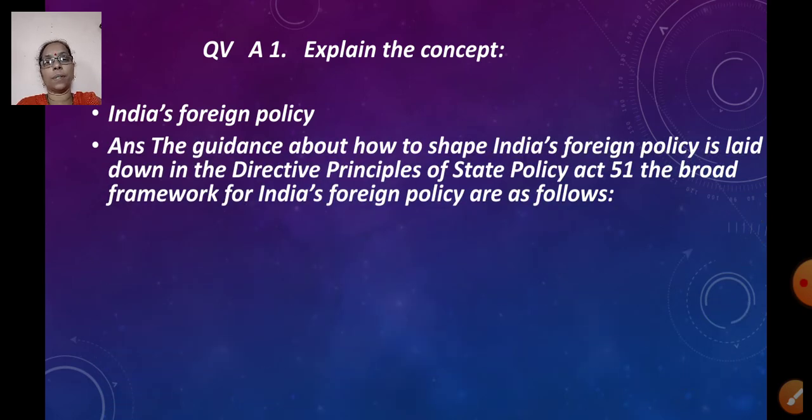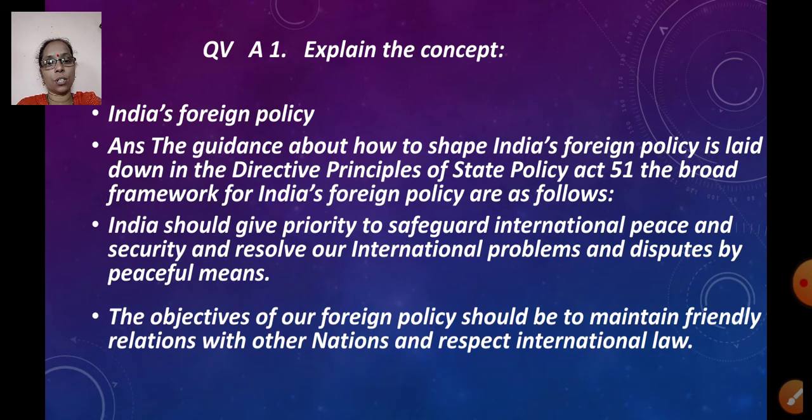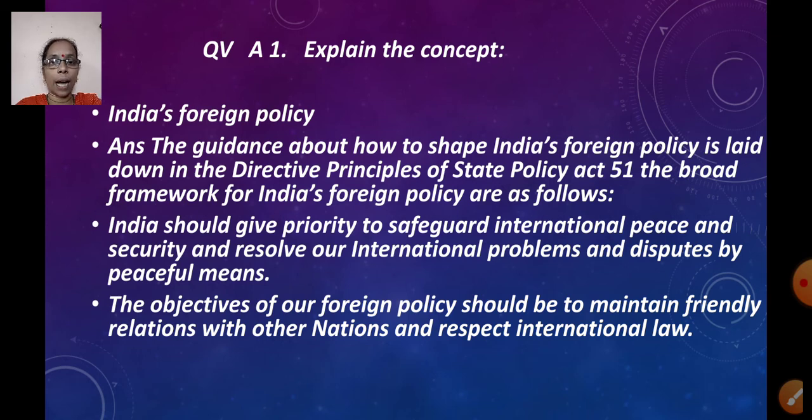explain the concept. For this question, children, you will have to type your answers. So please see to it that you type the answers that have been provided to you. For example, India's foreign policy, and you need to mention the points which are given in your notes. The guidance about how to shape India's foreign policy is laid down in the Directive Principles of State Policy, Article 51.